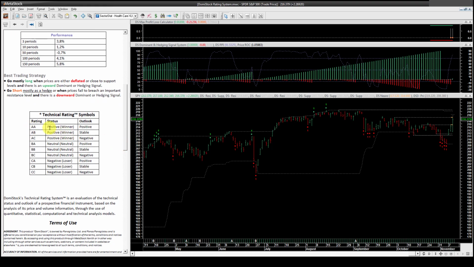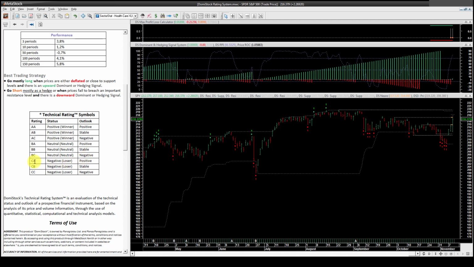An AA rating means that the security has a positive status, with a positive outlook, while an AB rating means that the security has a positive status, with a stable outlook, and an AC rating means that the security has a positive status, with a negative outlook. A BA rating means that the security has a neutral status, with a positive outlook, while a BB rating means that the security has a neutral status, with a stable outlook, and a BC rating means that the security has a neutral status, with a negative outlook.